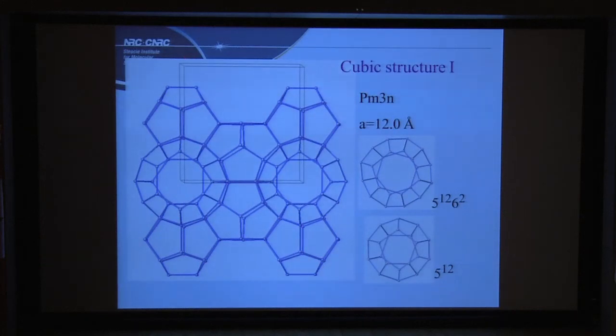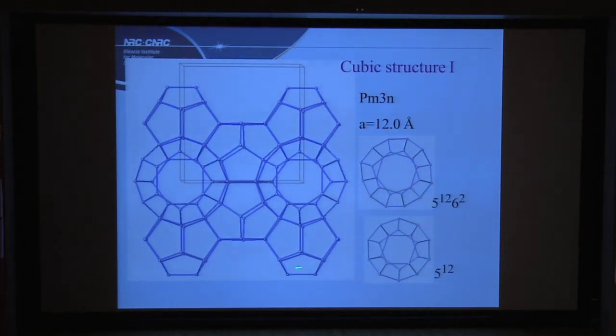So just to show you the structures again, and many of you have seen these, so I will not spend much time with them, but here we have structure 1 hydrate, its crystallographic description, the unit cell parameters, and the 2 cages that make up the structure. And of course, the 5^12 refers to the fact that there are 12 pentagonal faces, and over, in this case, 12 pentagonal and 2 hexagonal faces.